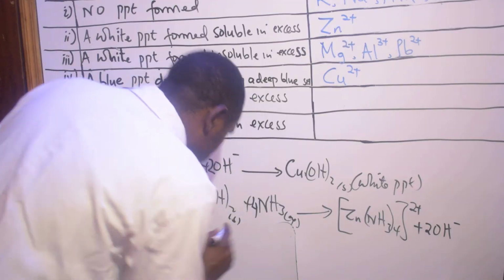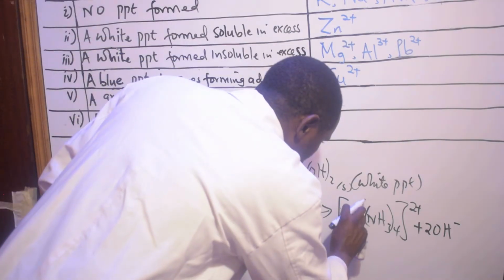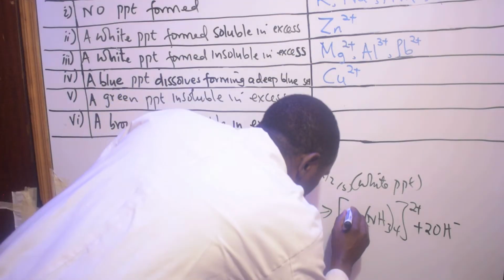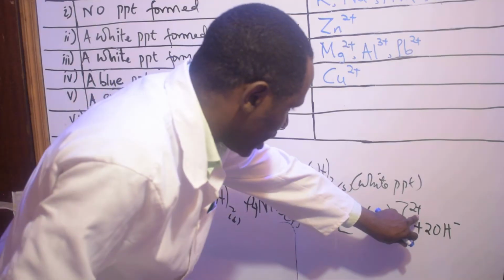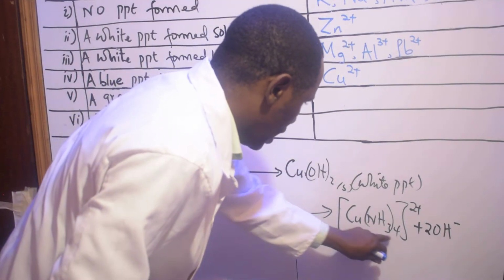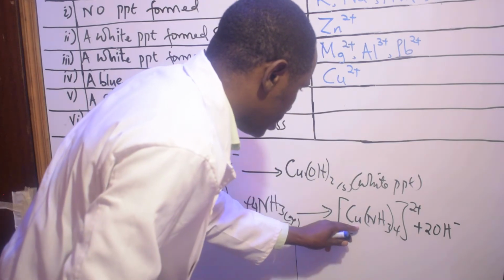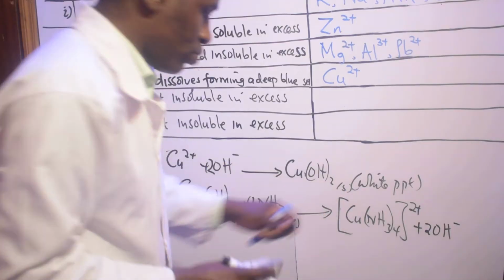When it reacts with aqueous ammonia, we form tetraamine copper 2 ions. Look at that, tetraamine copper 2 ions with a charge of 2 positive, because the ammonia molecules have a 0 charge. 0 times 4, you get a 0. Then the copper has 2 positive, therefore the overall charge of the ion is 2 positive. So this is what we're talking about here.